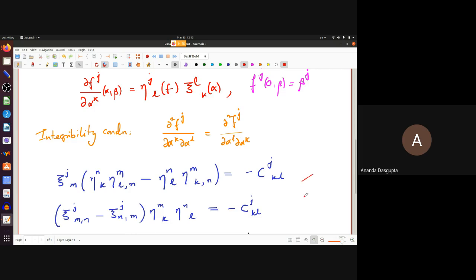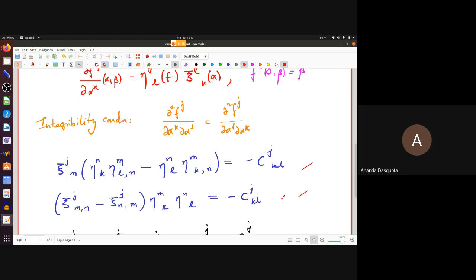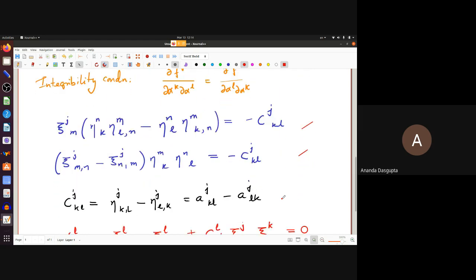We had two conditions, and we had shown that both of these conditions were basically the same. And from these conditions, since they are valid for all values of alpha, we use alpha equal to 0. And we found out that these constants Cjkl are basically eta jk comma l at 0 minus eta jlk at 0.